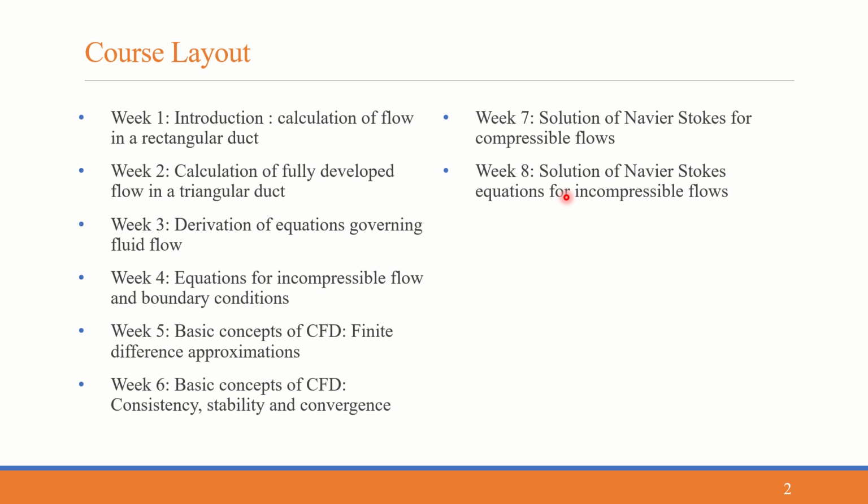One is the artificial compressibility approach. In this approach, we introduce a new term similar to the density factor, which we call the artificial compressibility factor, and we solve it similar to how we did for compressible flow systems. Other methods involved are the stream function vorticity approach and the pressure correction method.